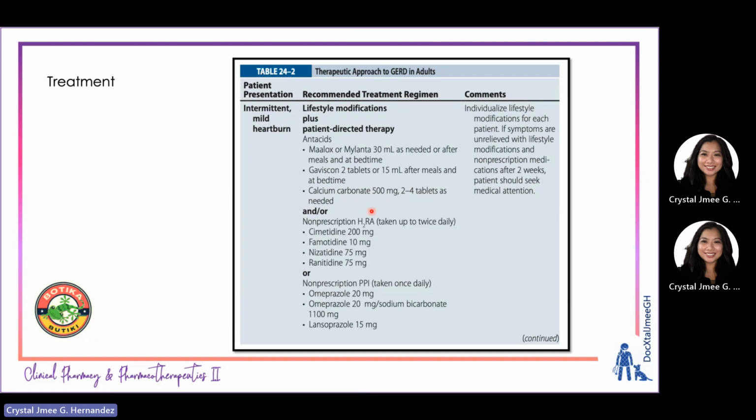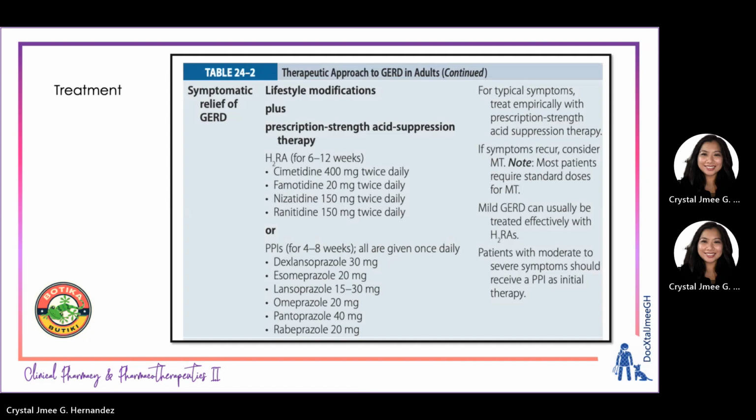And then we can also have the PPIs, although here in the Philippines, proton pump inhibitors are mostly in prescription form. We don't usually have the non-prescription. Okay, so just to highlight.